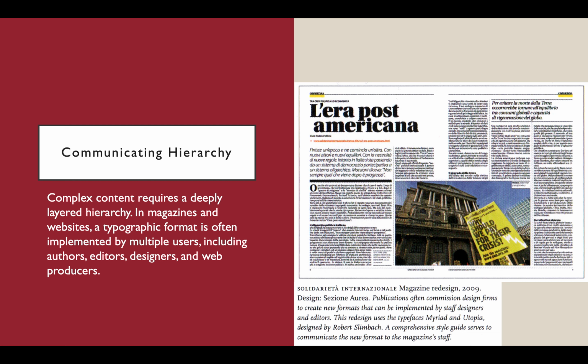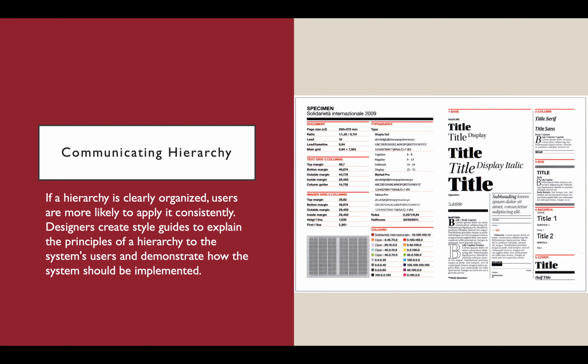So oftentimes there's going to be a guide that will tell you, okay, here's the various levels of headers, here's how we set everything, and it's laid out and you really are not going to deviate from it. Sometimes we have to be the ones who make this for other people. The more clearly organized everything is, the more likely that the user's going to understand the consistency within the piece.